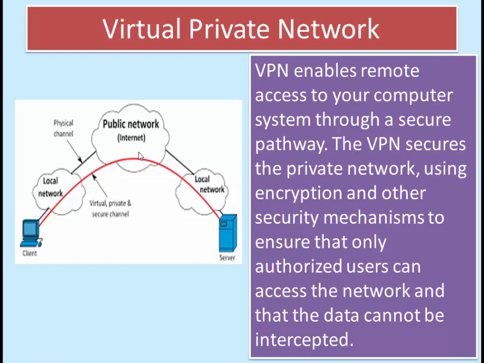In simple words, it has been made more secure so that an unauthorized person is not able to access this data. That we call VPN. It is a more secure way to transfer data from one device to another or to access networks. So that is a VPN.